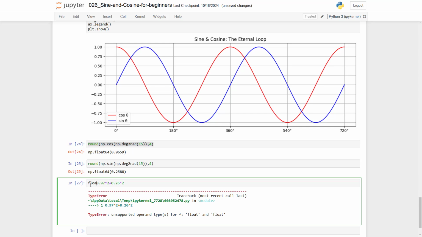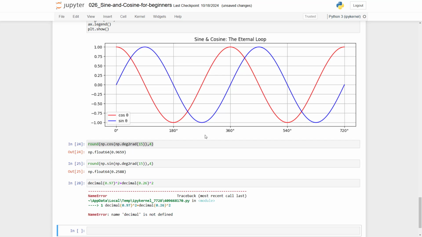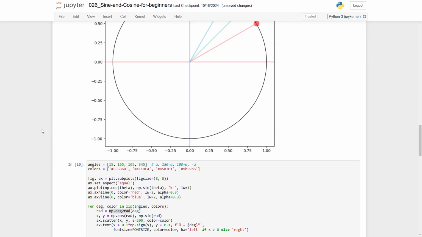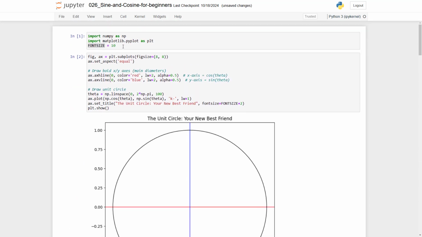Okay, float. Did we have decimal in Python? That's a good question. Decimal is not. Okay, we should import probably math. This should work.